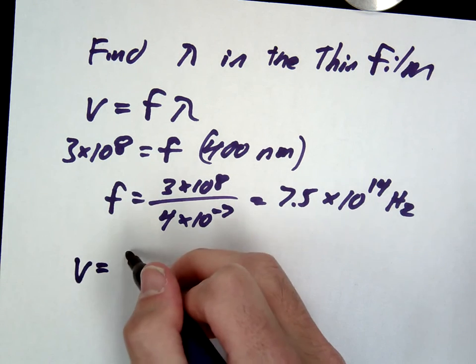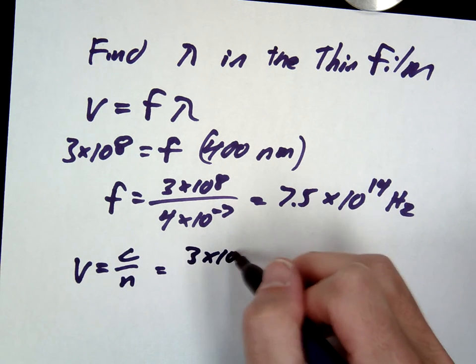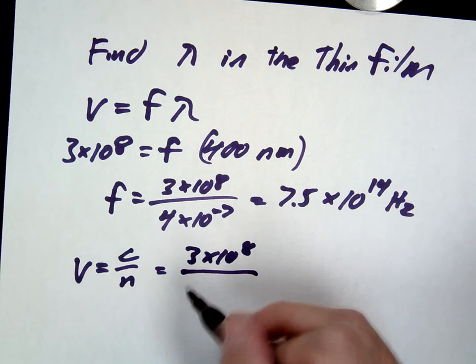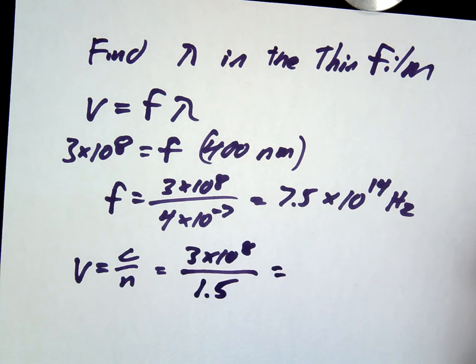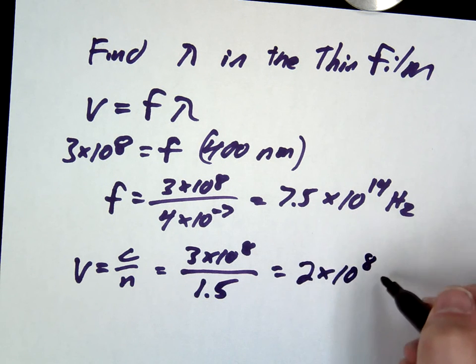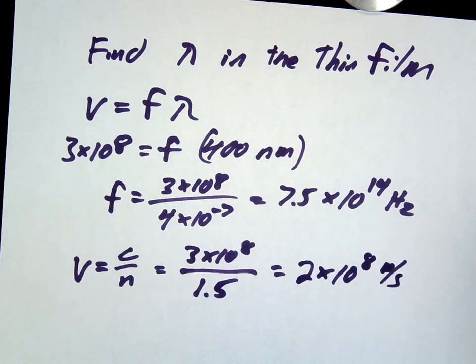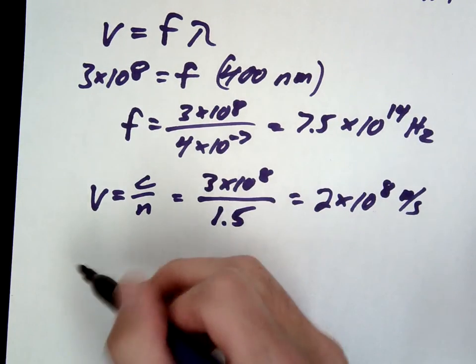So we'll go V equals C over N. What was it, 1.5? Yes. So that's just 2 times 10 to the 8th. And then lastly, let's find the wavelength.